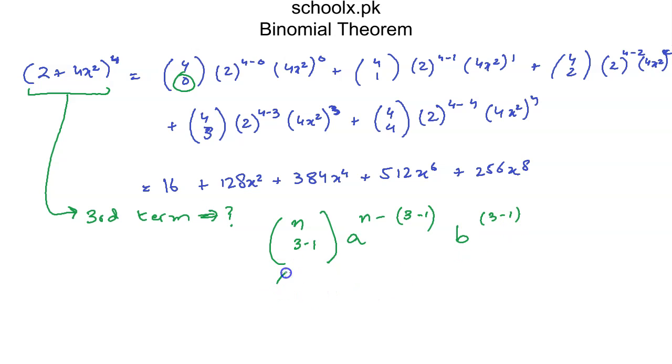So we'll get 4C2, a was 2, so n minus 2 is 4 minus 2, this is 2 again, b was 4x² to the power 2. Our answer is the same, which was 384x⁴.